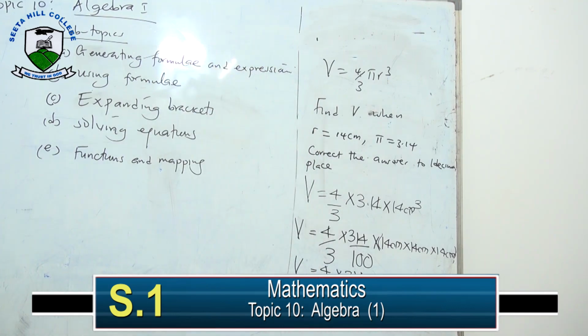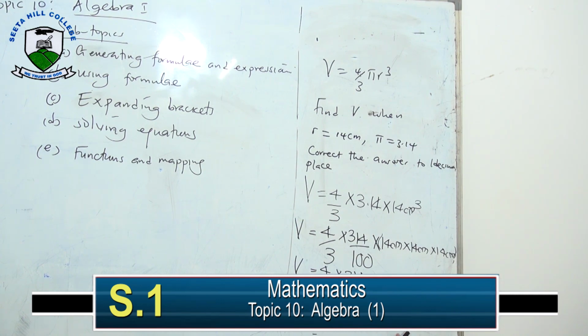Here 4 times 314 times 2,744 centimeters cubed out of 3 times 100.